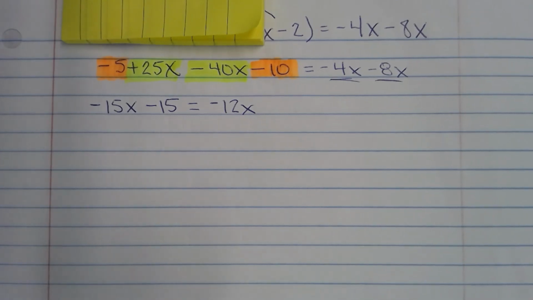Now, y'all, we are down to 2 steps. But the way you decide to do this could determine if you make a mistake or not. Okay, and this is what I mean. Y'all, a lot of people come to the left with the x's like me.